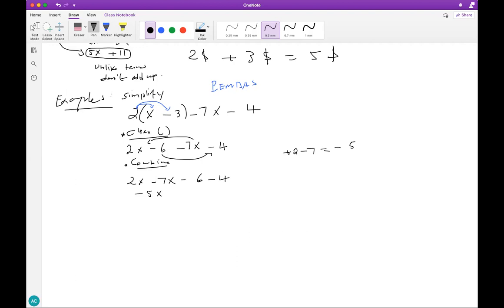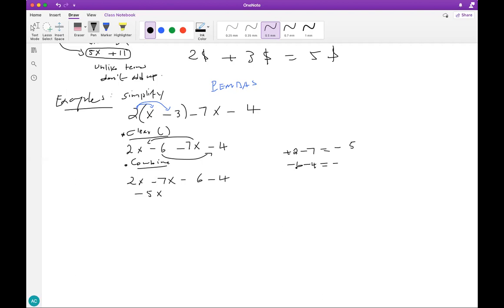And what's negative 6 minus 4? Negative 6 minus 4. Again, we're adding. Everybody else, Jessica, Laudine, what is negative 6 minus 4?